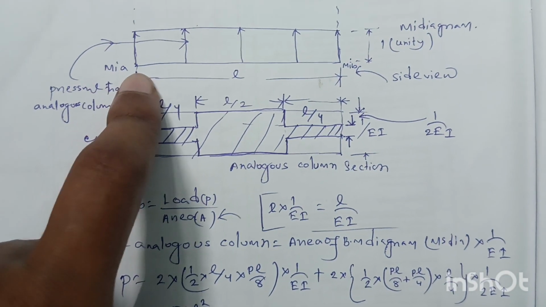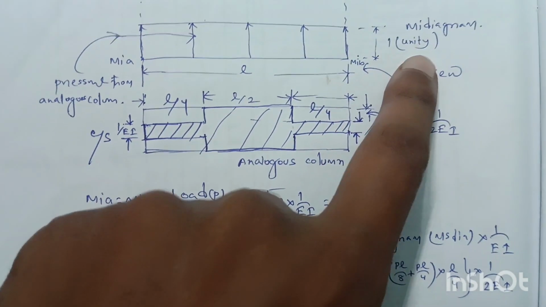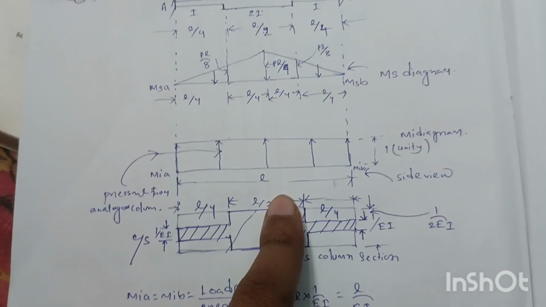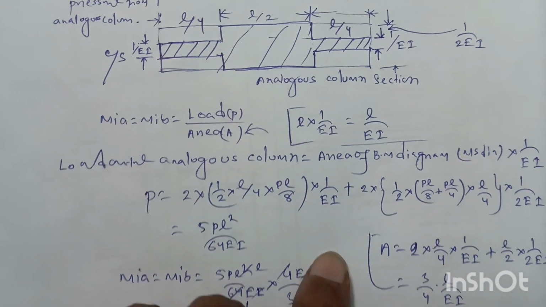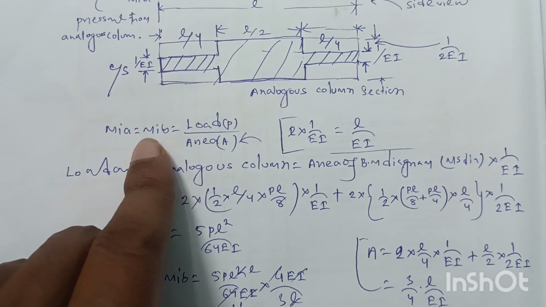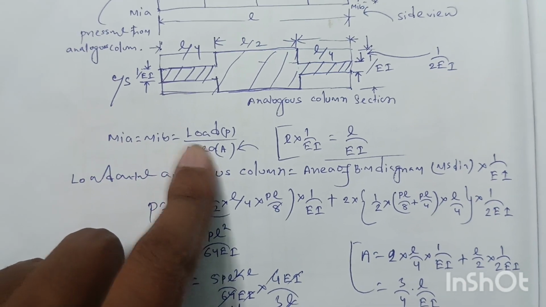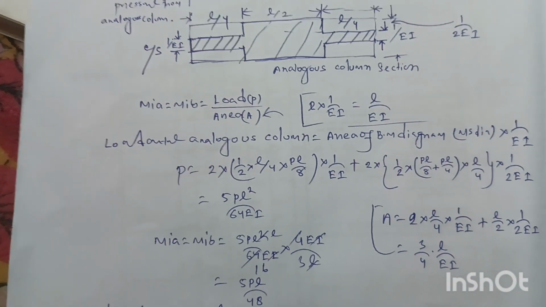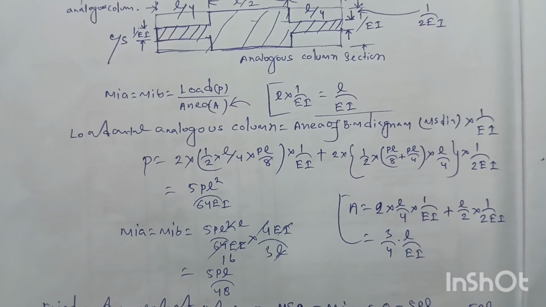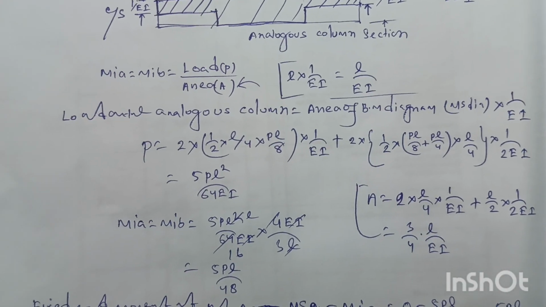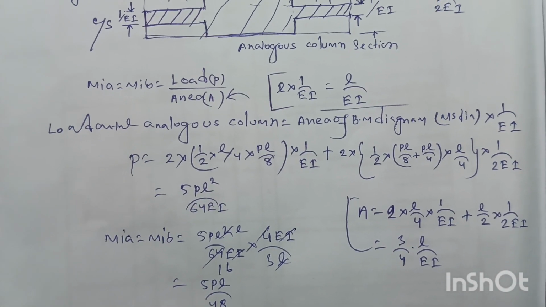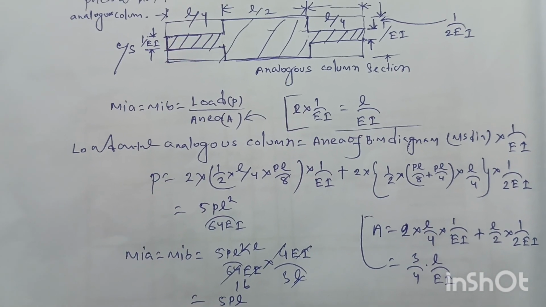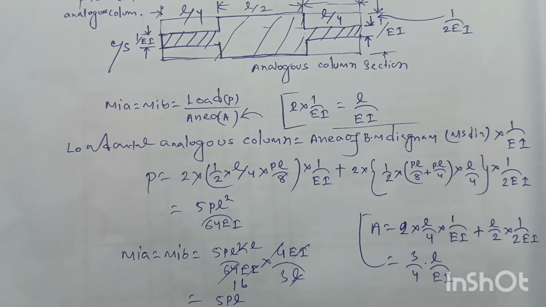At this end the pressure is Mia, at this end the pressure is Mib, because this is the beam AB as we considered. To calculate the end pressures Mia and Mib, the formula will be load by area. The load on the analogous column will be the area of the bending moment diagram, that is the Ms diagram, into 1 by flexural rigidity. The flexural rigidity is not the same throughout the beam, because the middle part has a different moment of inertia and the remaining part has a different moment of inertia.